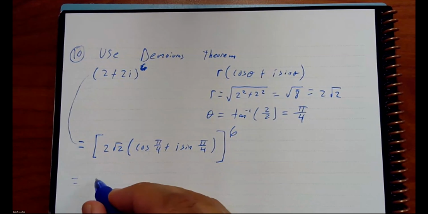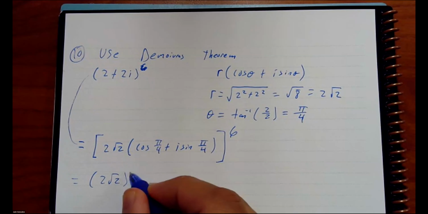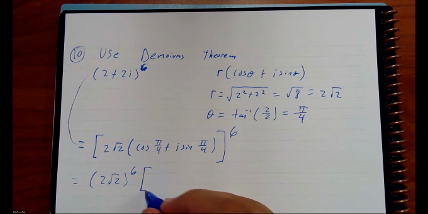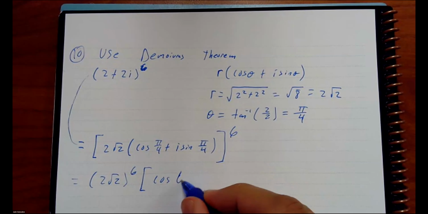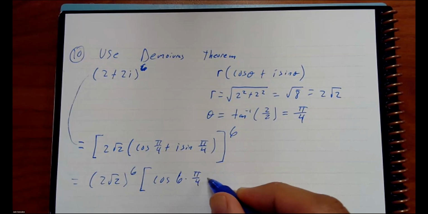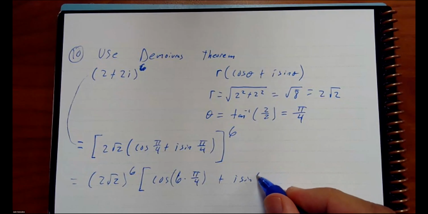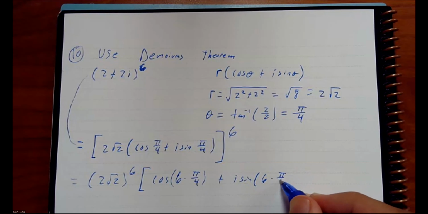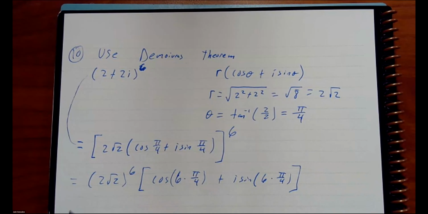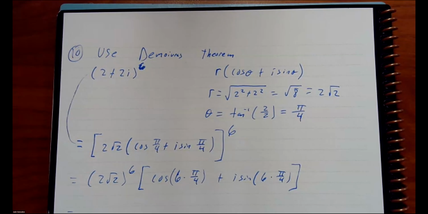So this becomes 2 root 2 to the 6 times cosine 6 times pi over 4 plus i sine of 6 times pi over 4. 6 times pi over 4, what is that? 3 pi over 2, right? Yeah, 3 pi over 2.